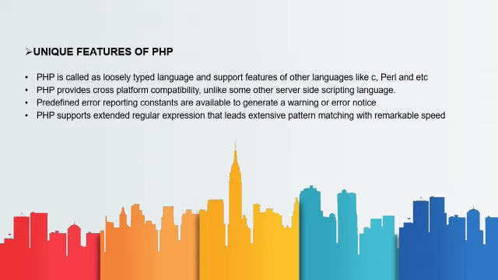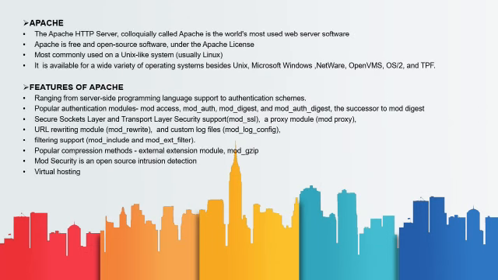Next, it shows the unique features of PHP. PHP is also called a loosely typed language and supports features of other languages like C, Perl, etc. It also provides cross-platform compatibility. Unlike some other server-side scripting languages, it also supports regular expressions that enable extensive pattern matching with remarkable speed.